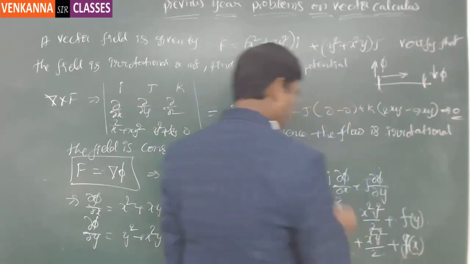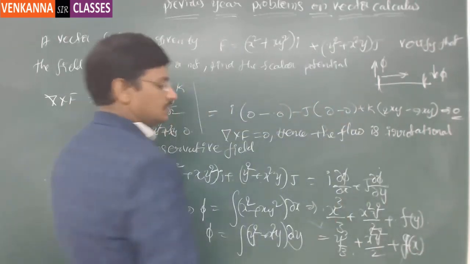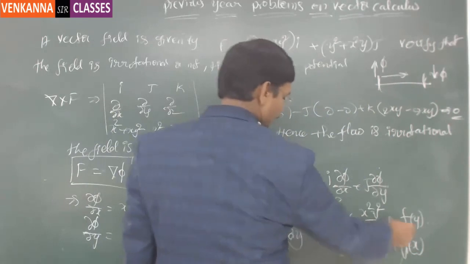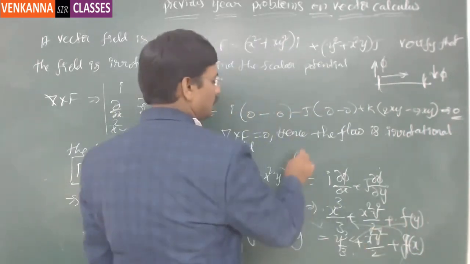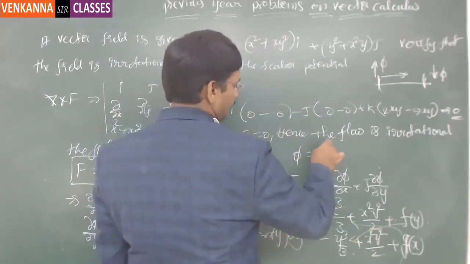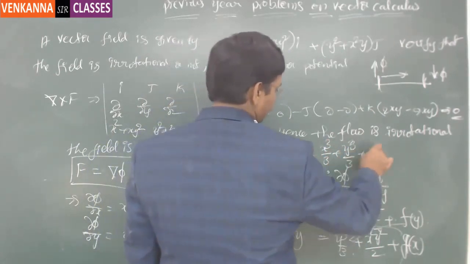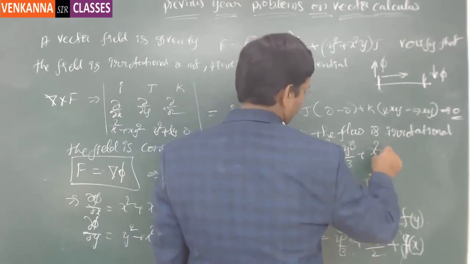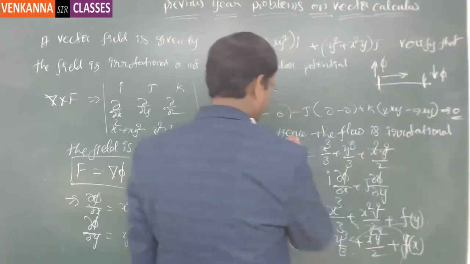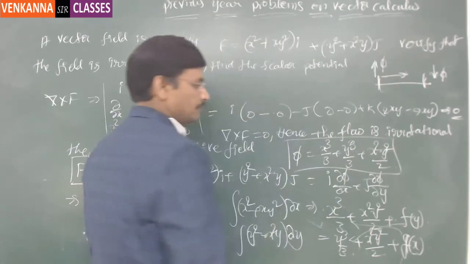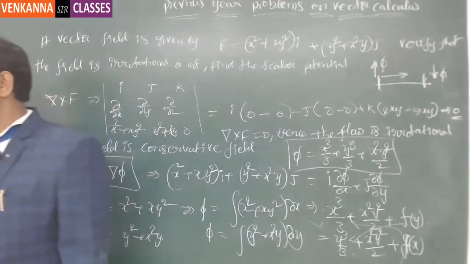Now if you equate these two, the g of x value is this one and the f of y value is this one. So in total the phi value is x cube by 3 plus y cube by 3 plus x square y square by 2. So this is the potential. Clear?